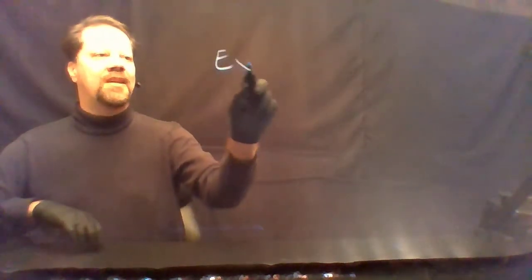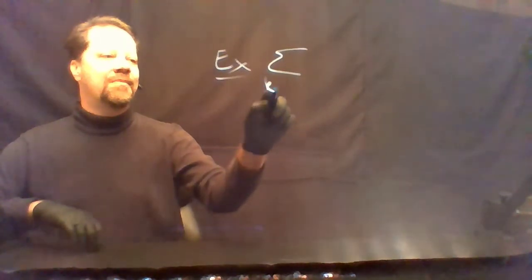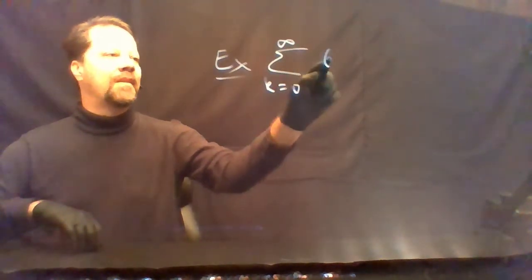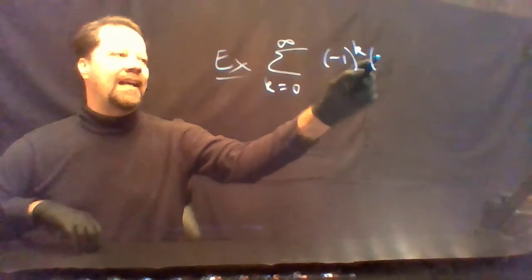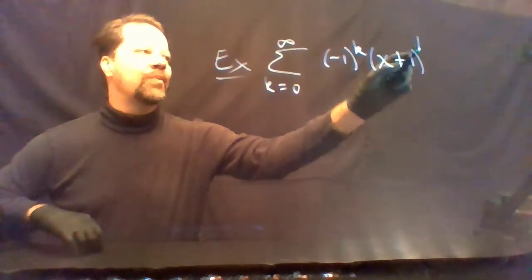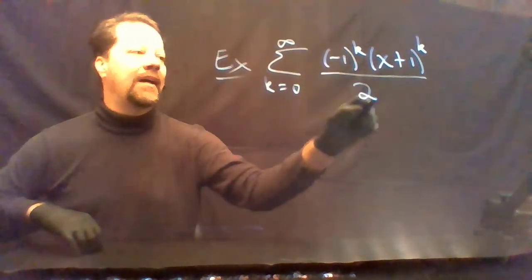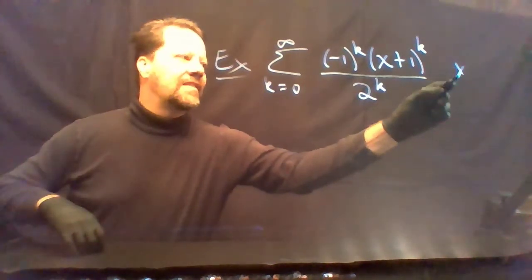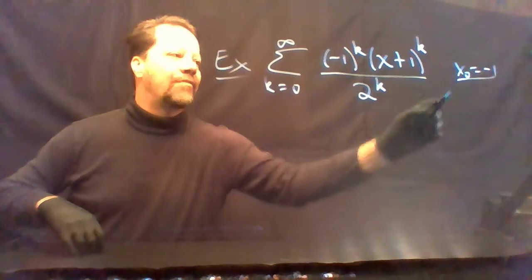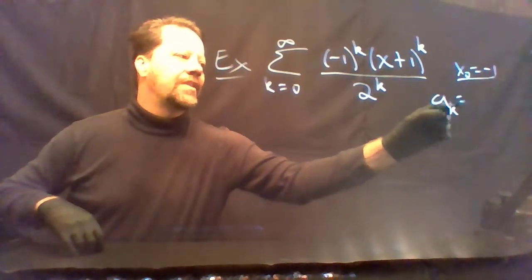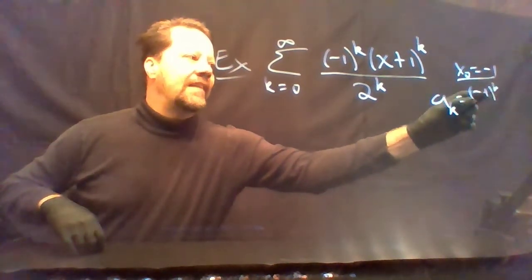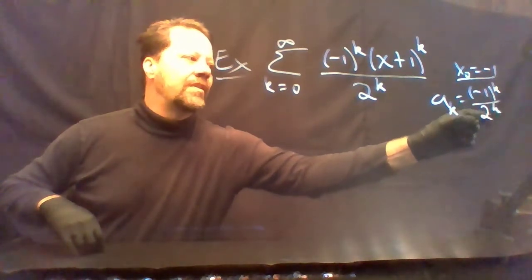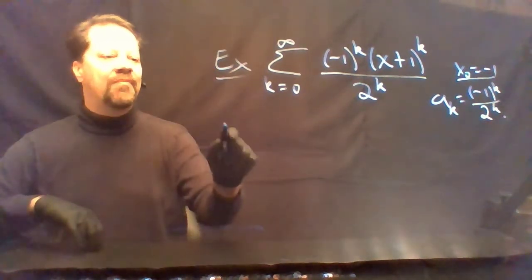Suppose we have the sum as k goes from 0 to infinity of negative 1 to the k, (x plus 1) to the k, divided by 2 to the k. The center in this case is negative 1, and the coefficients are negative 1 to the k over 2 to the power k.